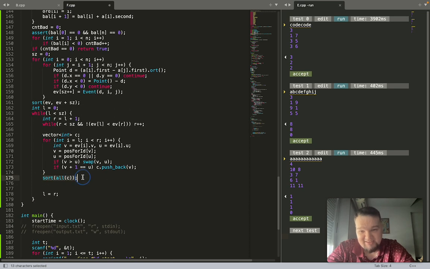That sorting adds an additional logarithm, but it is still the number of events I'm processing right now times the logarithm of that number of events, and it is still n square log. I already have sorting here.